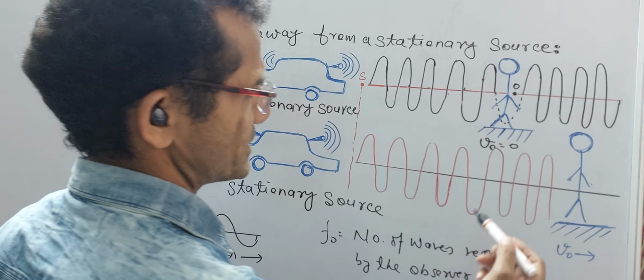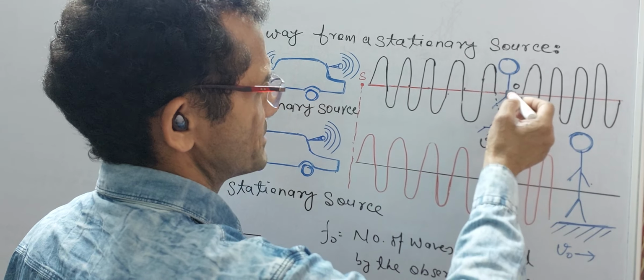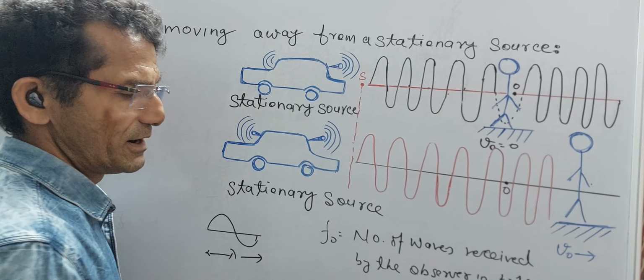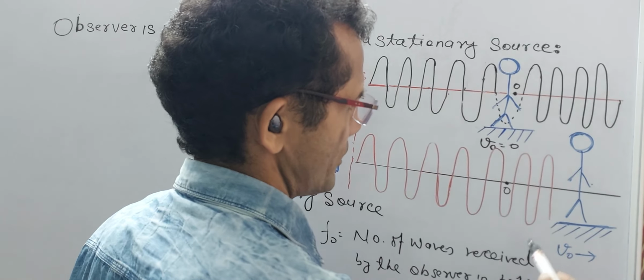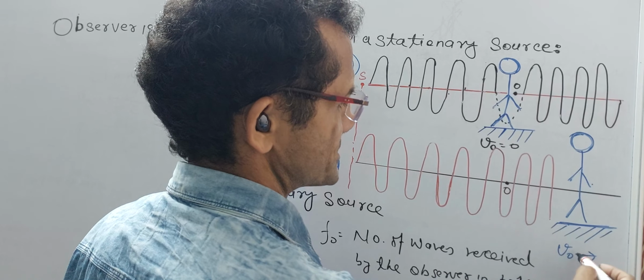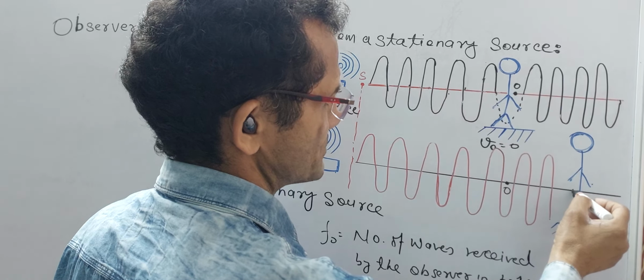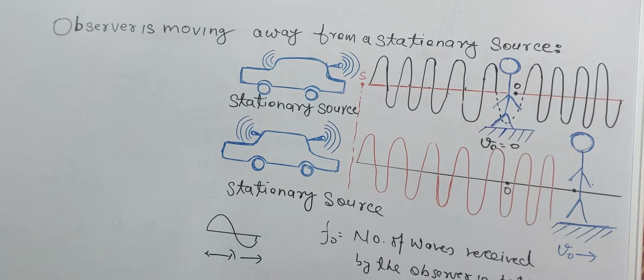Now this is the initial position of the observer. At the end of 1 second, the observer moving away with velocity V0, the new position of the observer becomes this one. This is our new position of the observer.